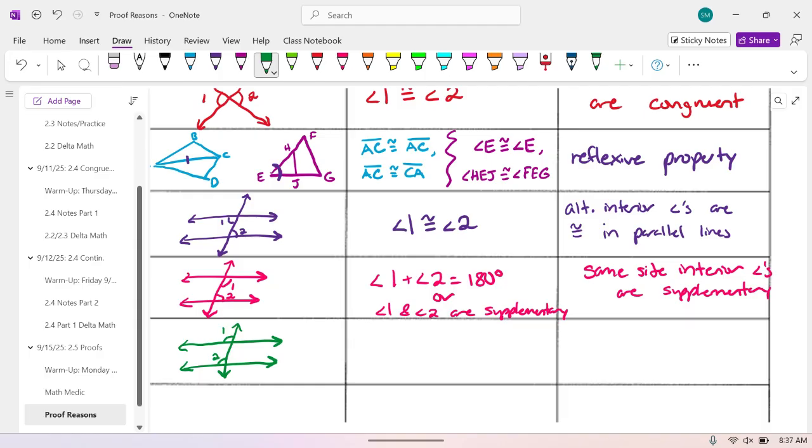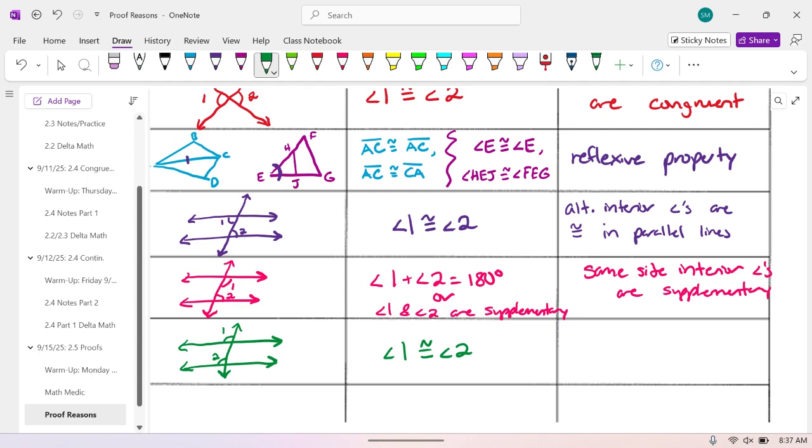So look at their placement specifically. Well, they're corresponding, but that's part of the reason. But what's true about corresponding angles? They're congruent. So our statement would be angle 1 is congruent to angle 2.